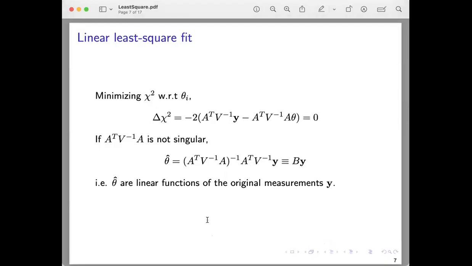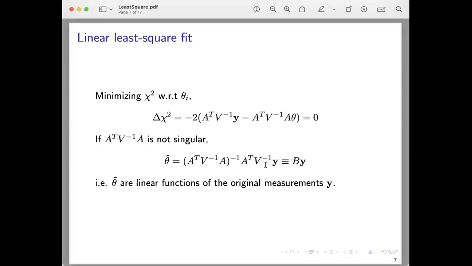Now, if you minimize this chi-square with respect to theta i, you will get the derivative of chi-square as minus 2 times this factor, and minimizing means setting it to 0, which gives the estimate theta hat to be (A transpose V inverse A) inverse times A transpose V inverse y.